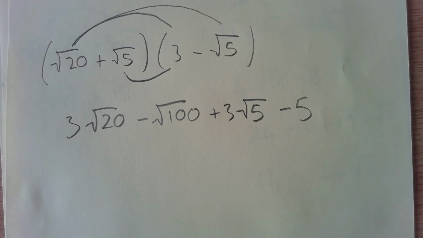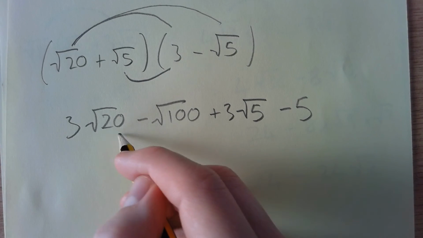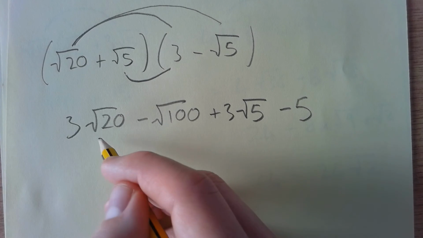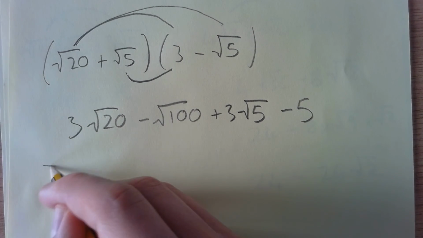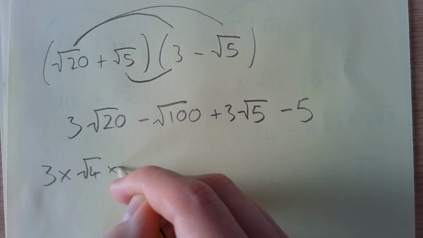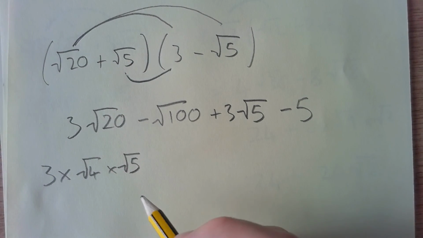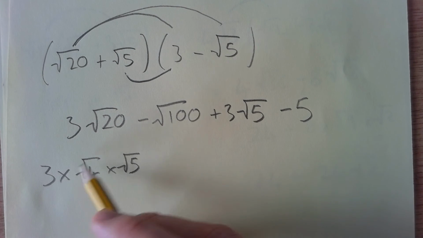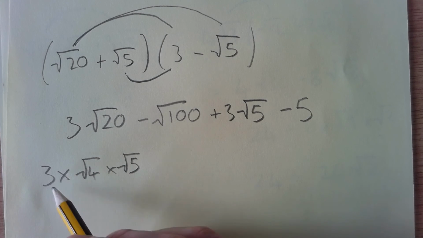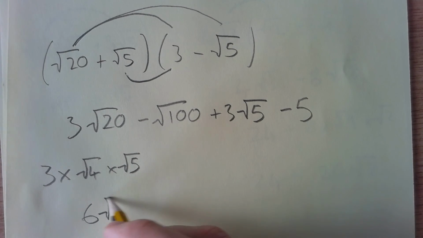Once again, there's loads of simplifying I can do here. 3 root 20, well, I know that root 20 is the same as root 4 times root 5. And root 4 is obviously 2, so it's 3 times 2, so it's 6 root 5.